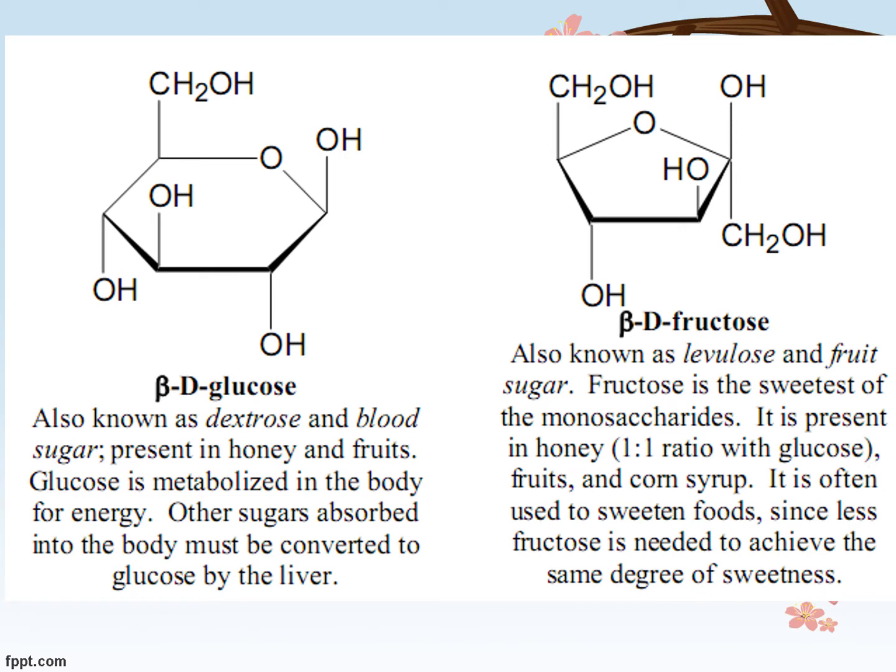It is present in honey in a 1:1 ratio with glucose. It's also present in fruits and corn syrup. Normally, fructose is used to sweeten food because we don't need as much fructose compared to when we use sucrose.